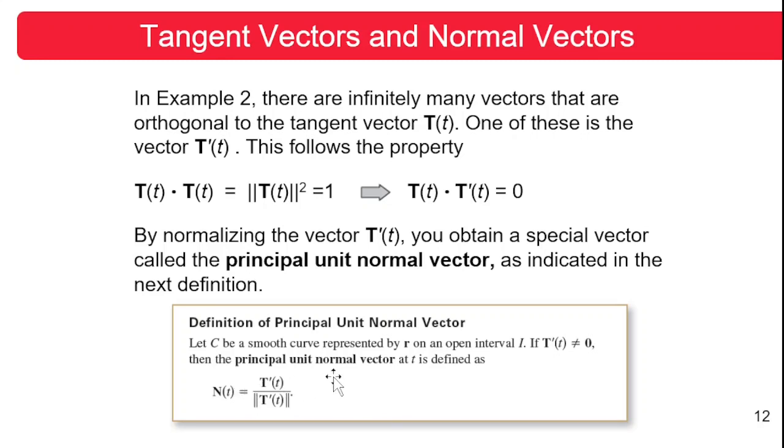Let C be a smooth curve represented by r on an open interval I. If the first derivative of the tangent vector, T'(t), is not equal to 0, then the principal unit normal vector at any time t is defined using this equation: the unit normal vector N(t) is equal to the first derivative of the tangent vector divided by its length or magnitude.